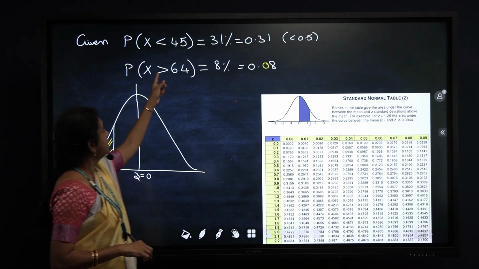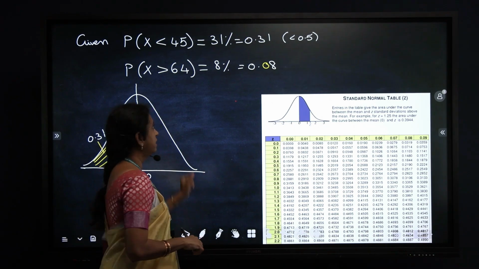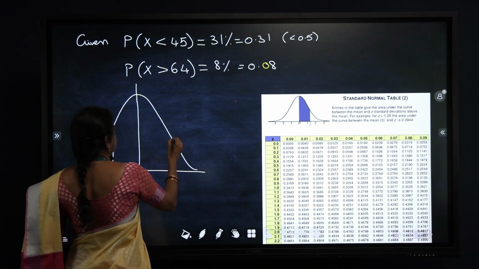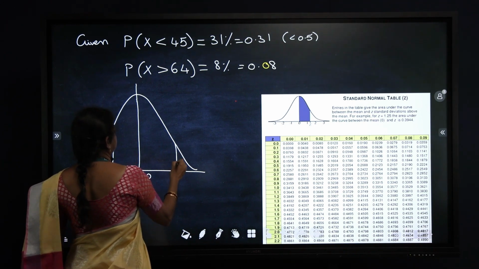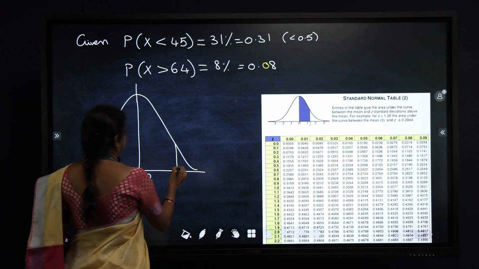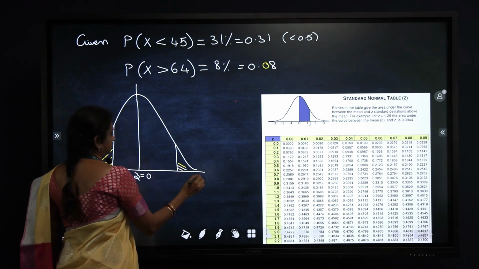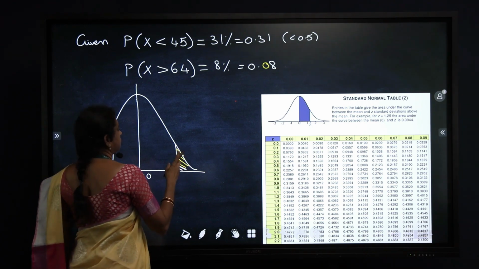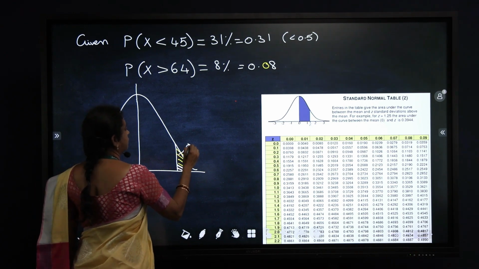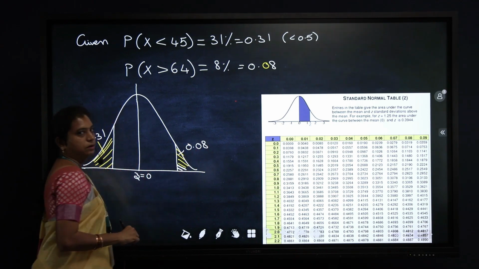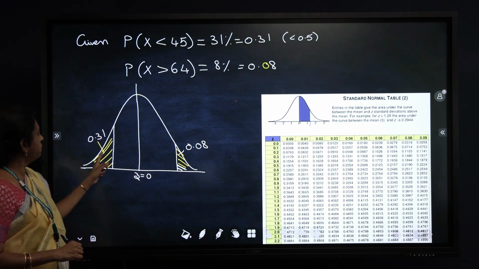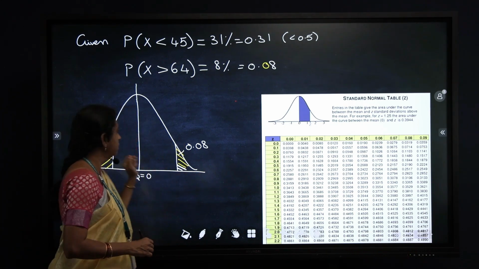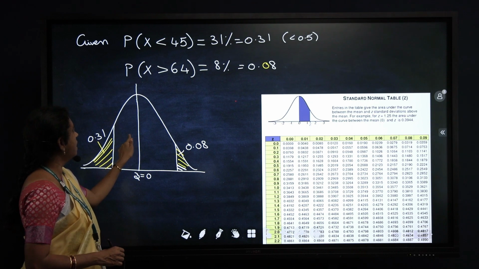Similarly, greater than 64 is on the right hand side, and the area here is 0.08, so I'll take it somewhere here. Now this 0.31 is tending to infinity, and here also 0.08 is tending to infinity. So what we'll do is find the area in this region.